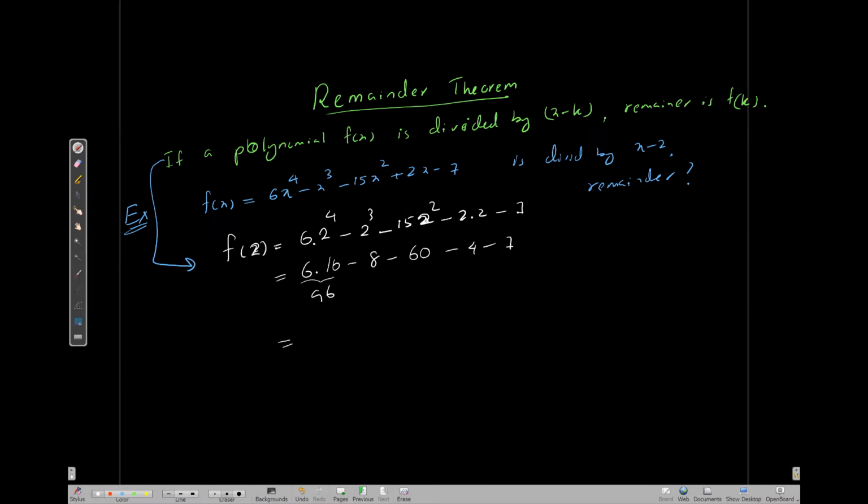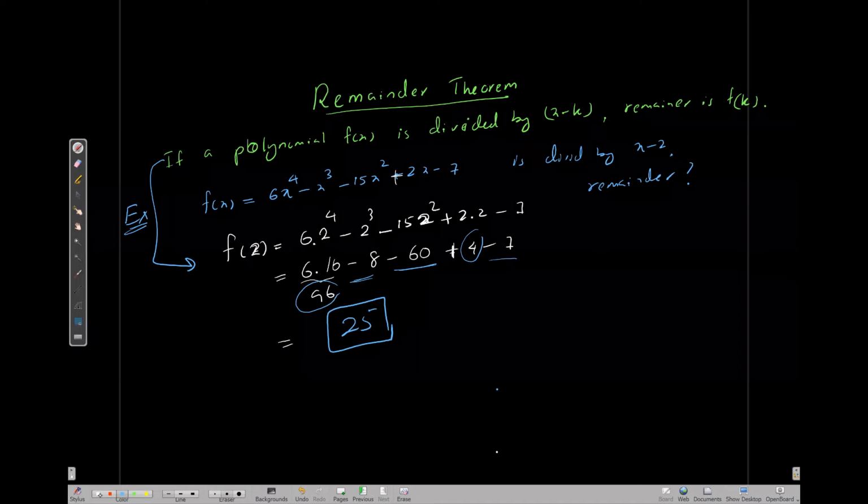If I were you, I would add 96 and 4, that will give me 100. 100 minus 60, that is 40. 40 minus 8, 32. 32 minus 7, 25. That is the remainder according to this theorem.